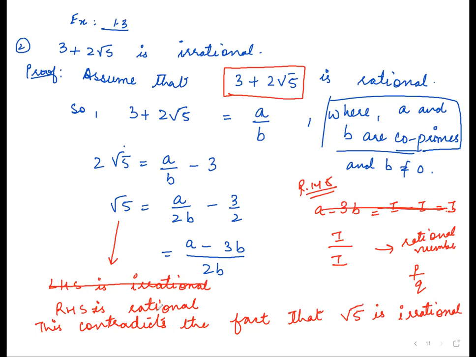You write that your right hand side is rational, and this contradicts the fact that under root 5 is irrational. So therefore, we conclude that this 3 plus 2 under root 5 is irrational. Got it? Yes. Okay.